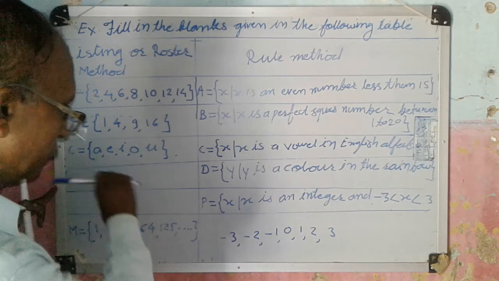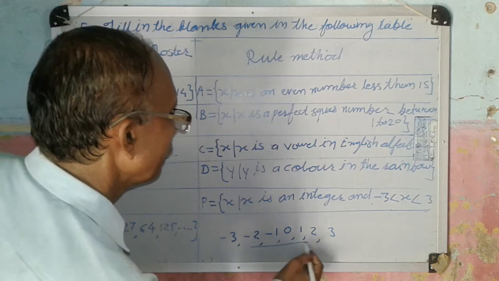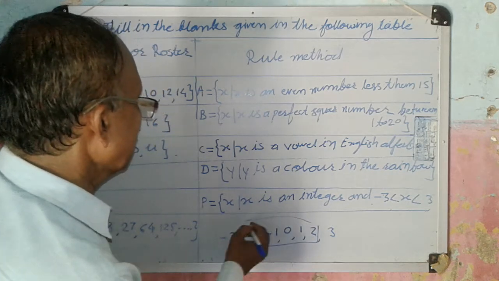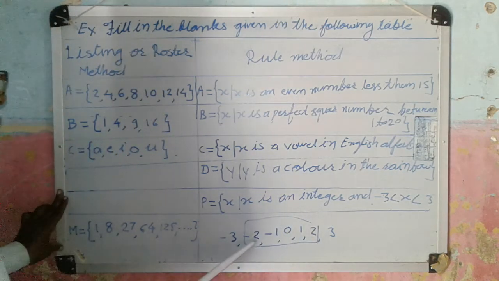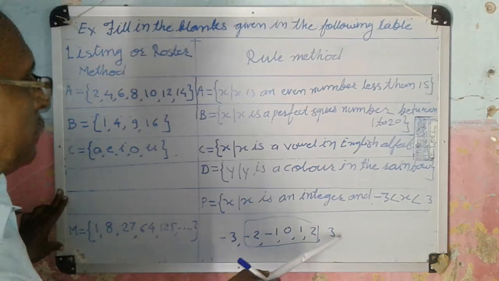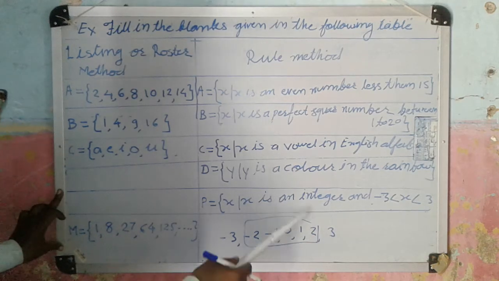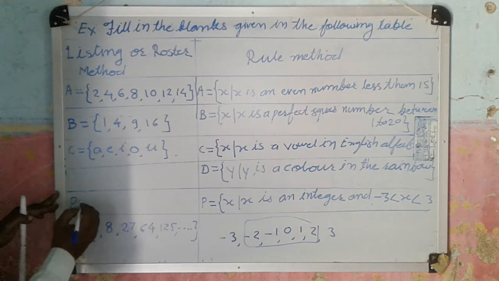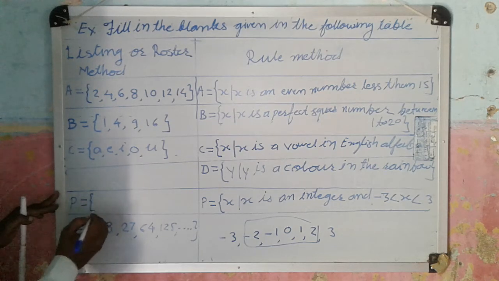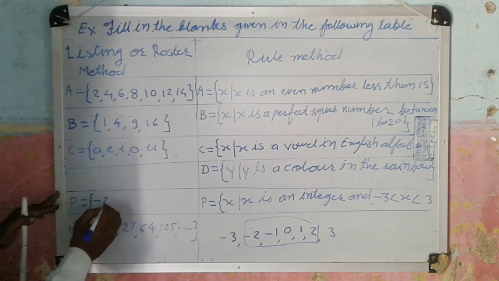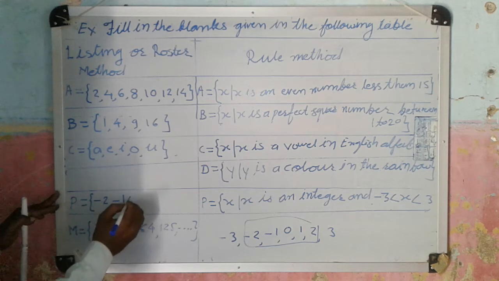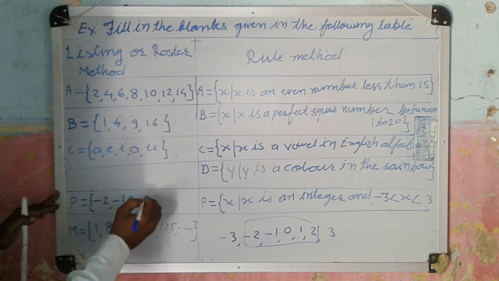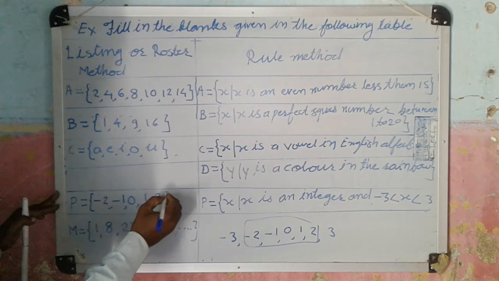That means these integers are greater than minus 3 and less than plus 3. So elements of this set are minus 2, minus 1, 0, 1, 2.